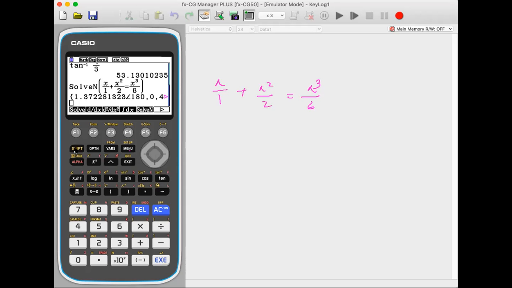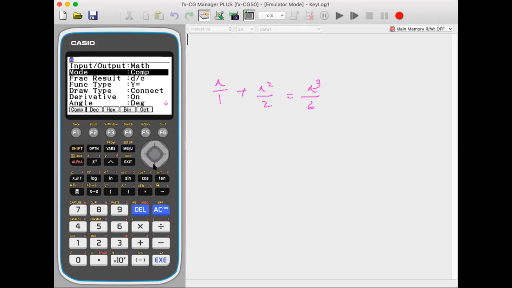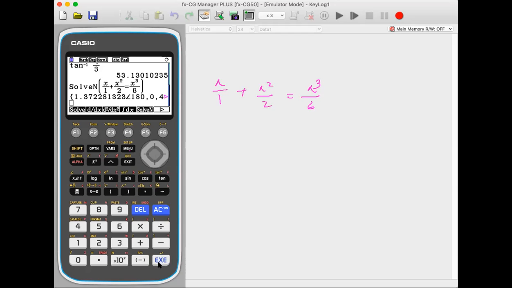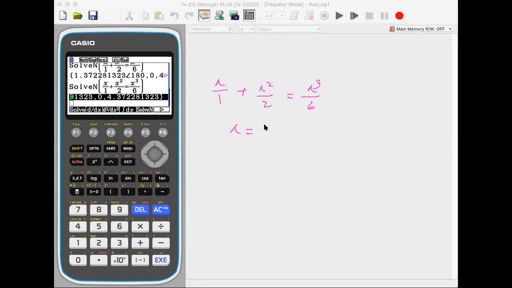1.37. The calculator setting mode is actually the complex mode. I'll just make it real. So it is real, and you can see the exact values now are negative 1.37, then you get 0, and you get 4.37. So since lambda is positive, I'm going to take lambda as 4.37 for my calculations.